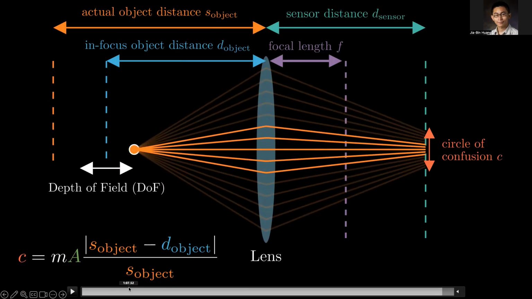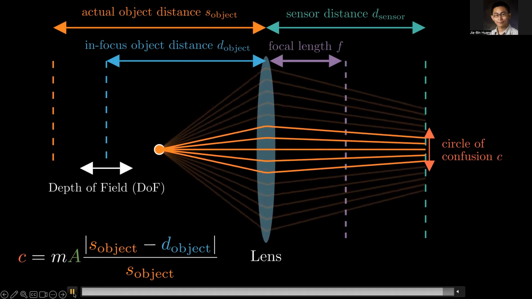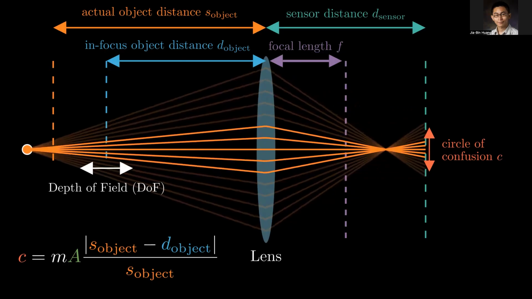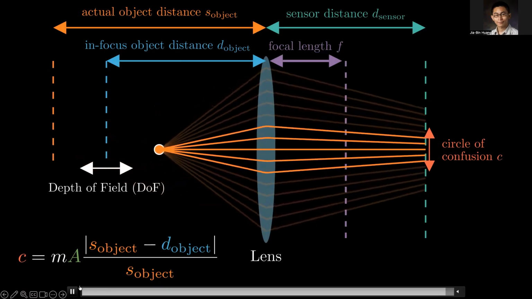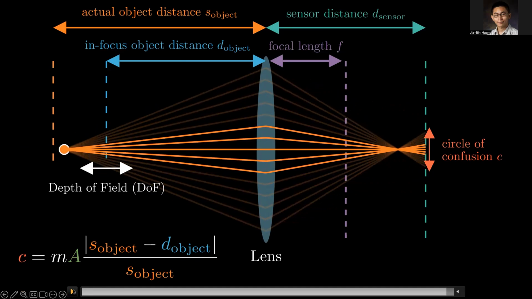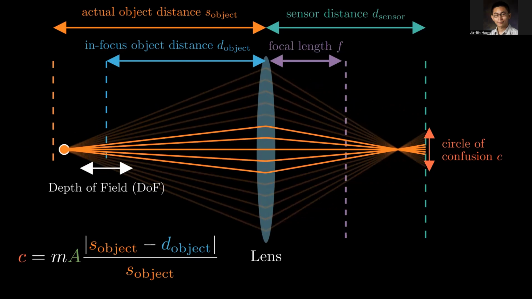You can see the results. It can go very far without the circle of confusion becoming too big. So when you want everything to be sharp, you want to reduce the aperture in your camera.